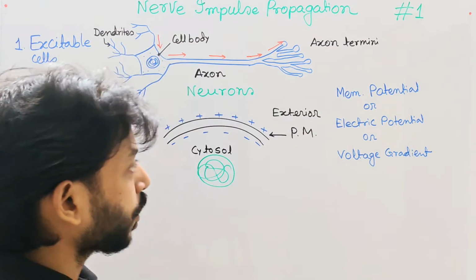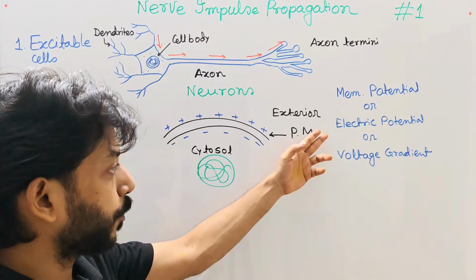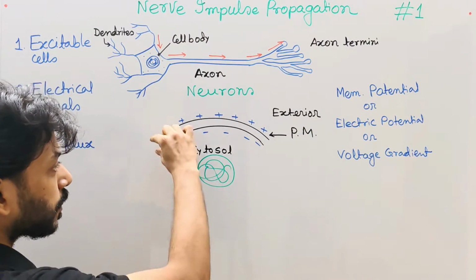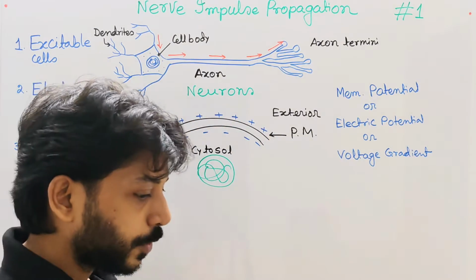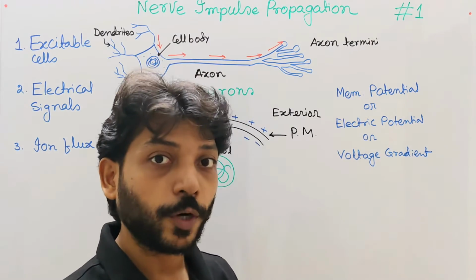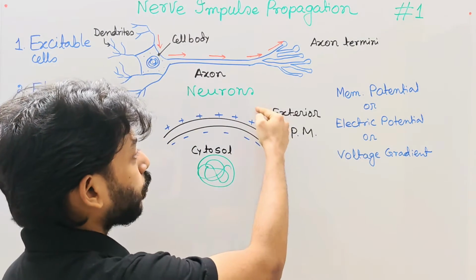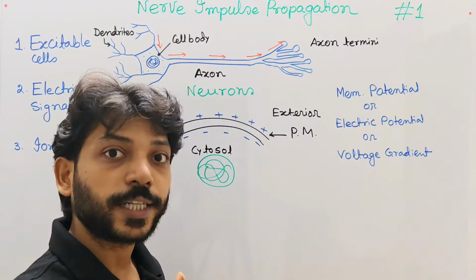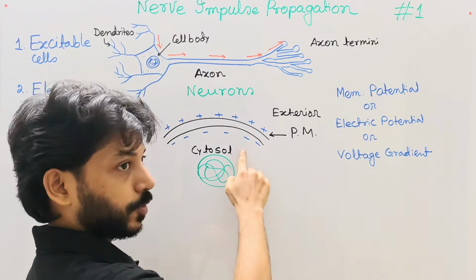Now let me explain what is membrane potential or electric potential or voltage gradient. Suppose this is the plasma membrane. Now we know that plasma membrane surrounds a cell, so it demarcates the boundary of a cell. The outside is called exterior or external environment and the inside is called cytosol.